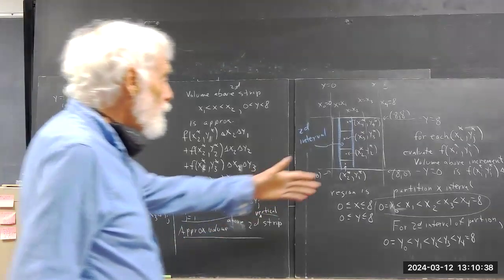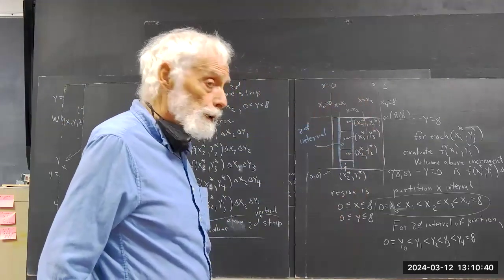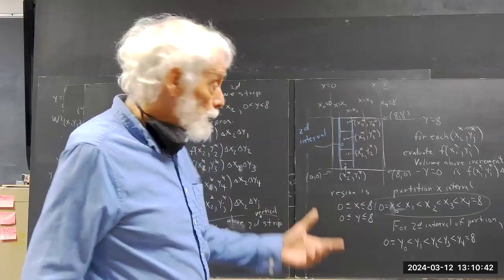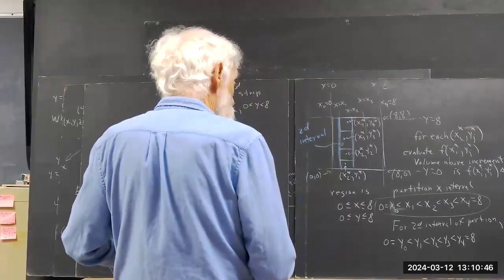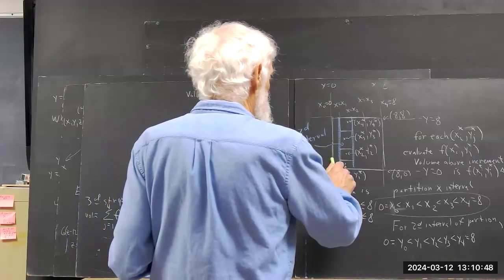I mean, you could draw the third strip, and I've got it all labeled, so I'm not going to do that. But I'll do the first strip. Okay, first strip would be here.